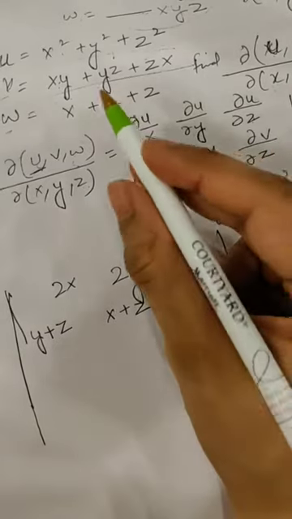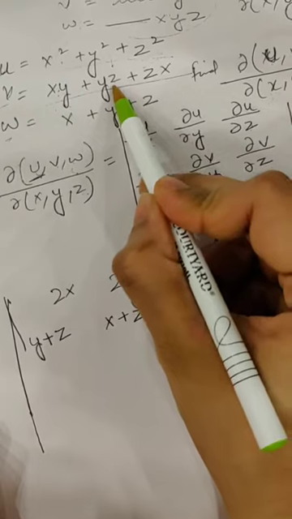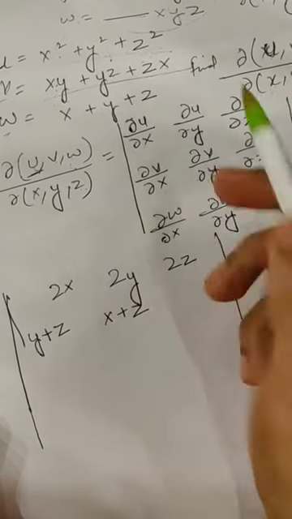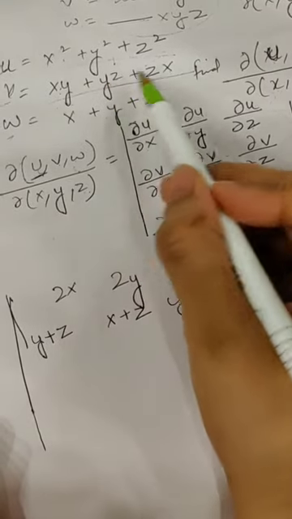And if we differentiate v with respect to z now, this would be y plus x. Okay, y plus x.